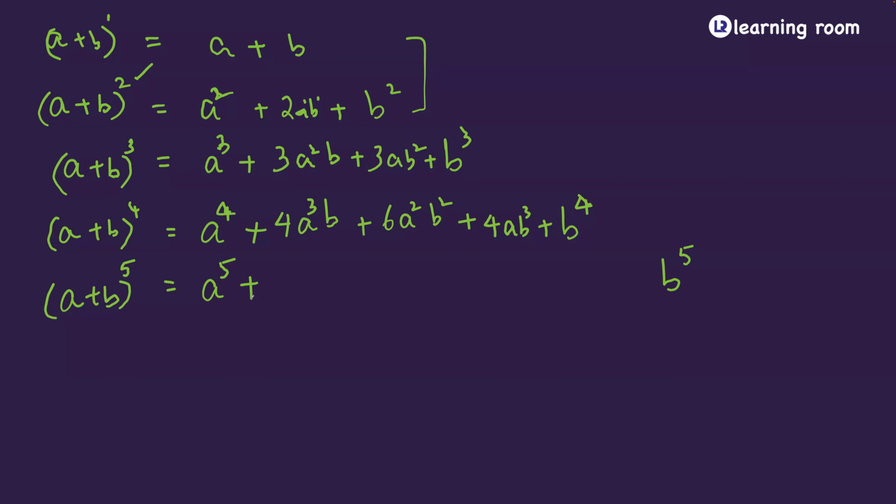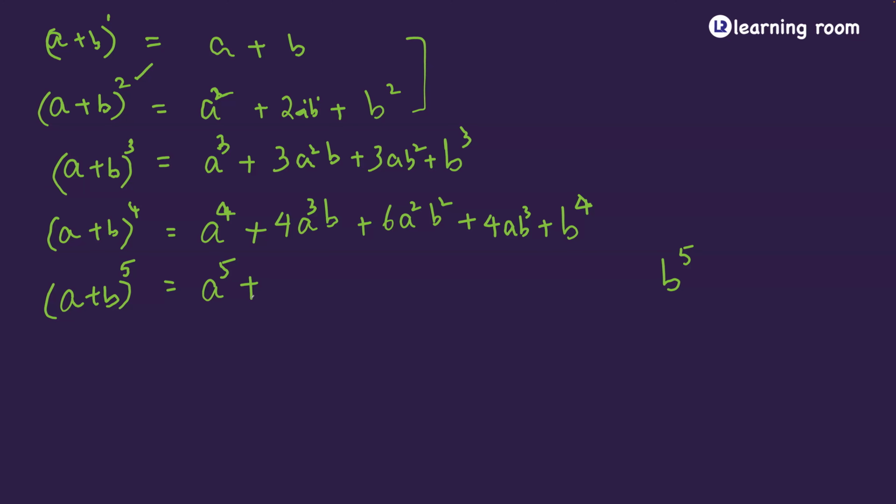if you observe the pattern, you will always start with the power to which you are raising, as the power of the first term. For example, when it is (a plus b) the whole square, you started with a square. a is the first term, b is the second term, and the last term is the second term square. In the middle, a decreases by power 1 and b increases by power 1.